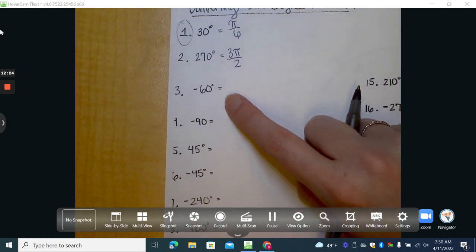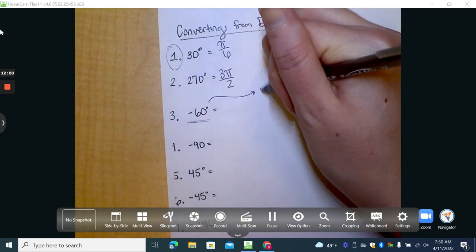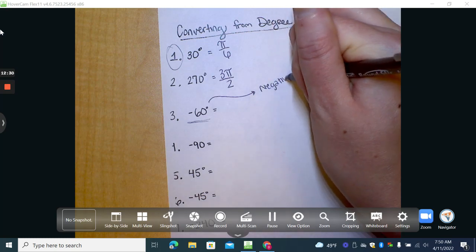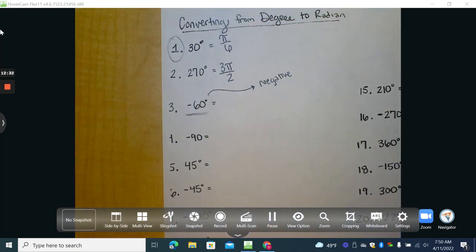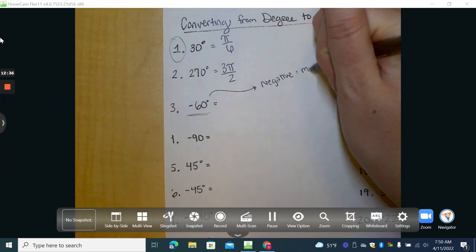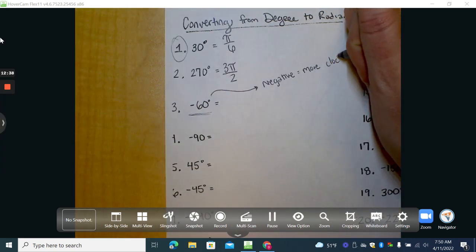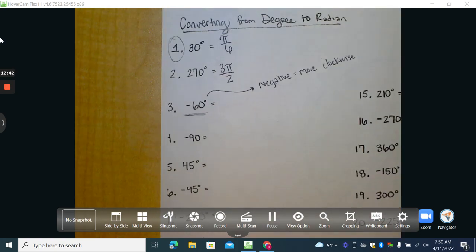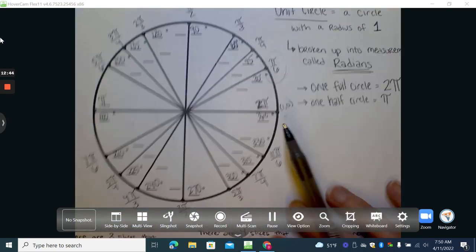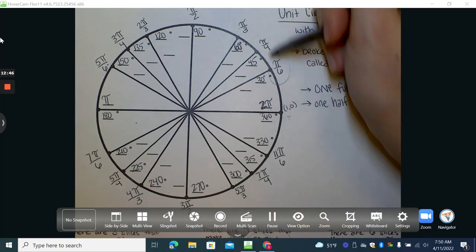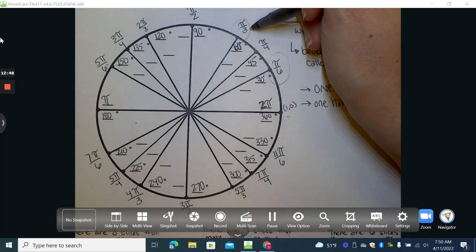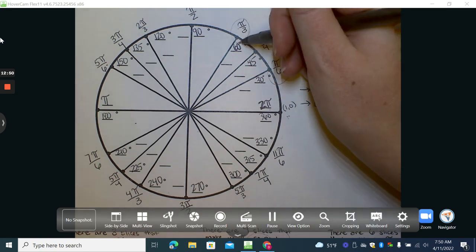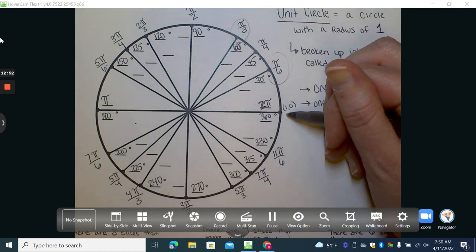What gets tricky is when we start doing negatives. Negatives, we're going to move backwards on our unit circle. What I mean by backwards is we're going to move clockwise. And so if I'm going negative 60 degrees, well, if I'm going forward 60 degrees, I'm moving pi over 3 radians, but I want to go negative 60 degrees.